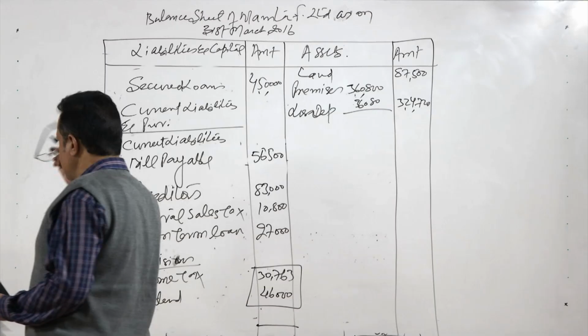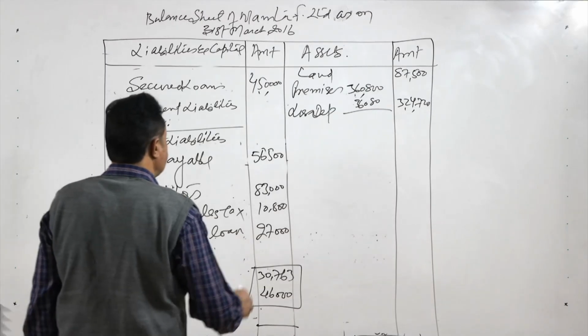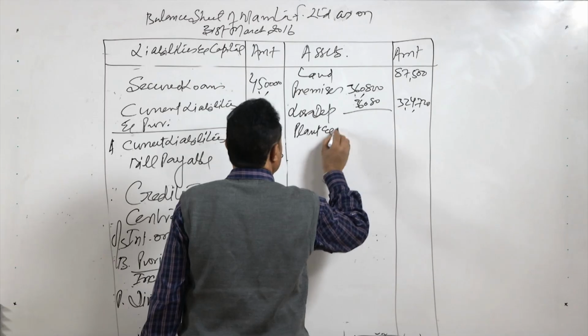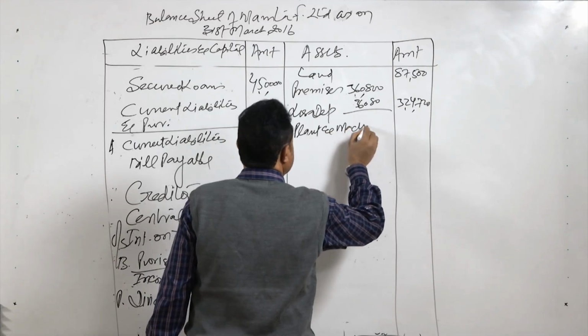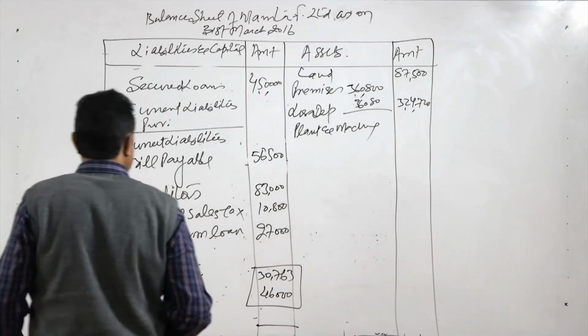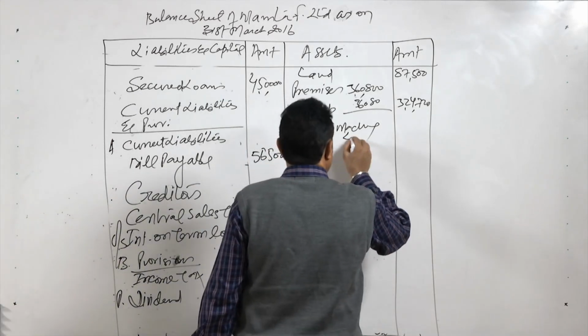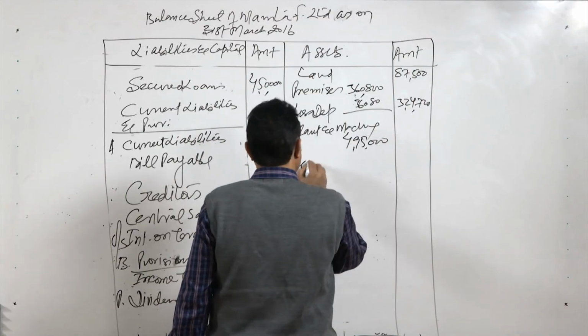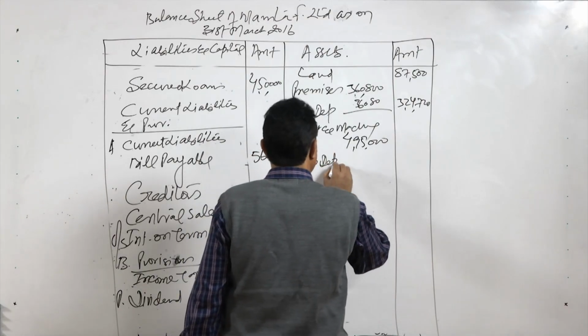Then the next asset is the plant and machinery. Plant and machinery's balance is 4,95,000, and I guess the depreciation is also here on this amount, less depreciation. So the depreciation is how much?